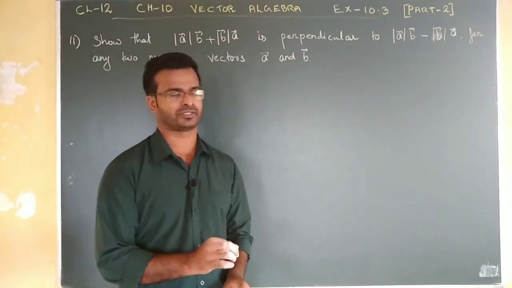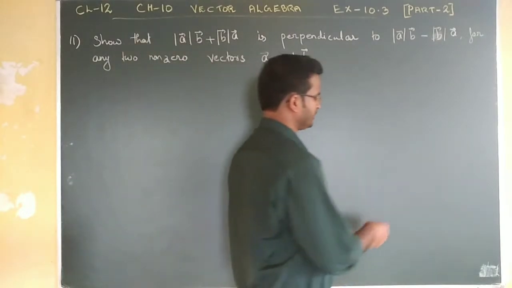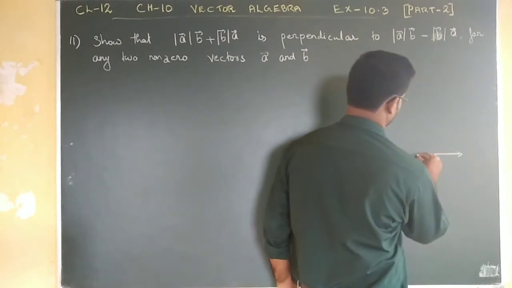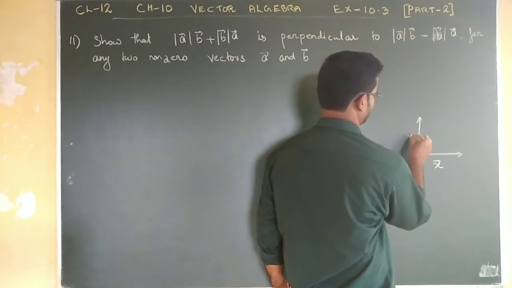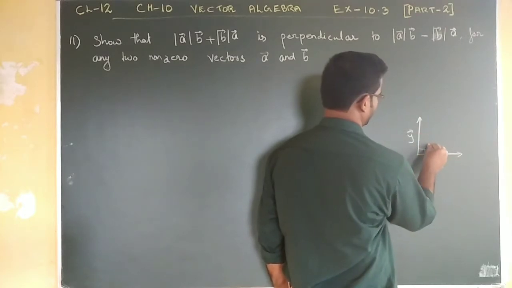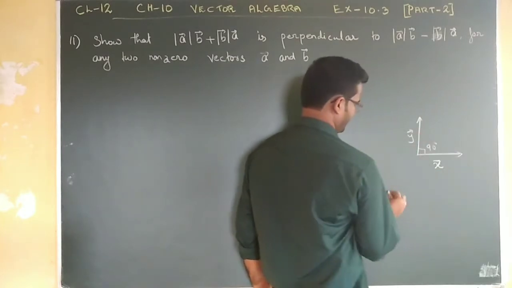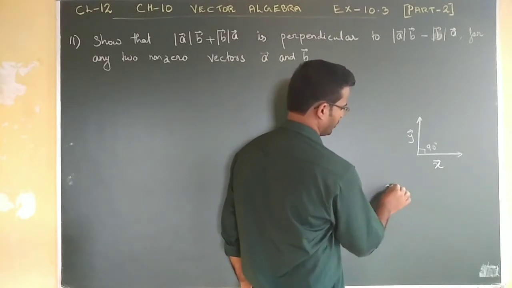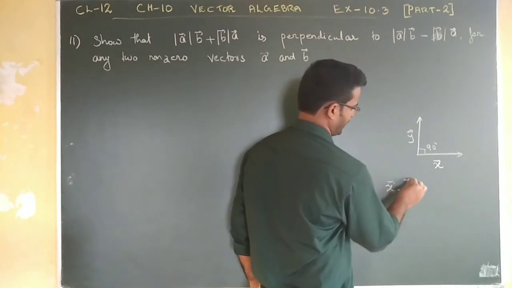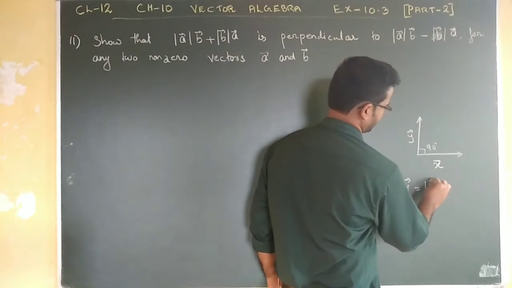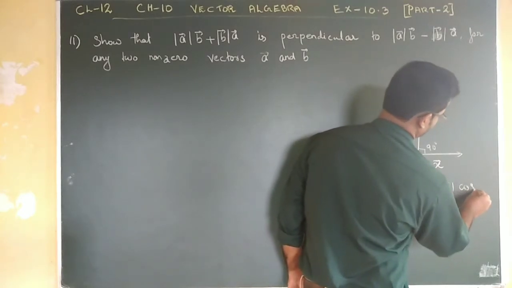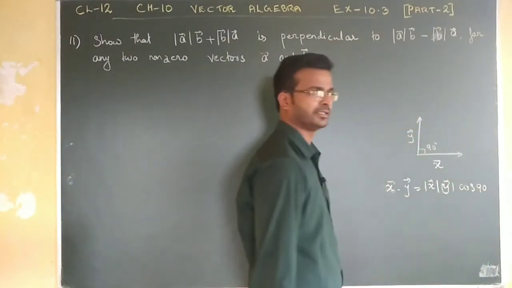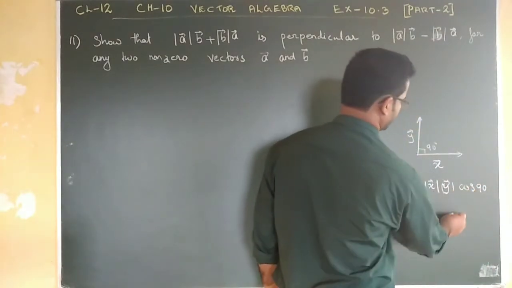Same like the previous question, if you consider x vector and y vector, perpendicular means 90 degree. When you find the dot product x dot y, it is modulus of x, modulus of y, cos theta. Theta means 90 degree here, cos 90 value is 0.